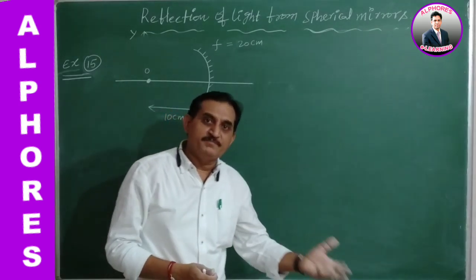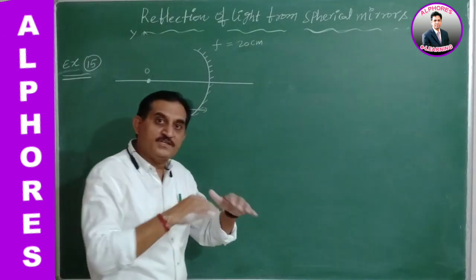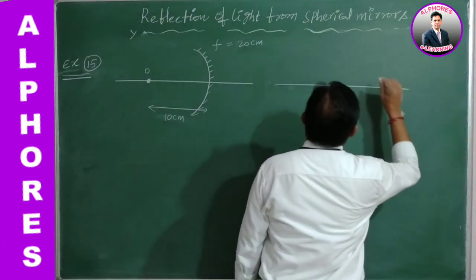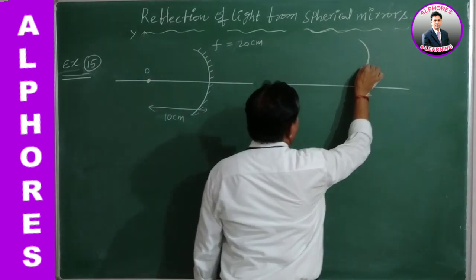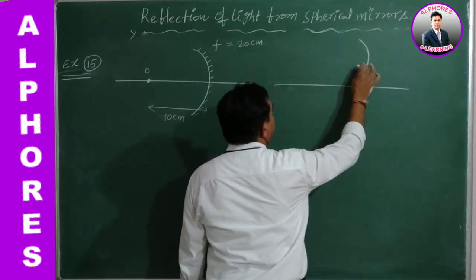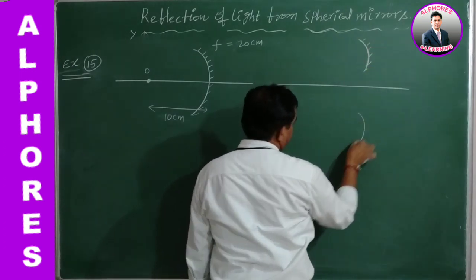One is moved by 1 millimeter, the other is moved by 2 millimeters from the original principal axis. This is the original principal axis and this part is moved away and this is also moved away.